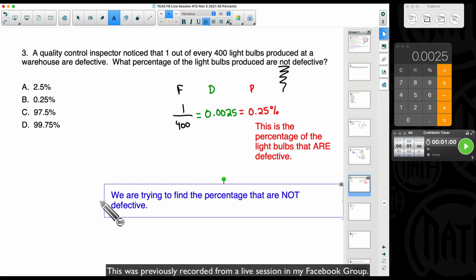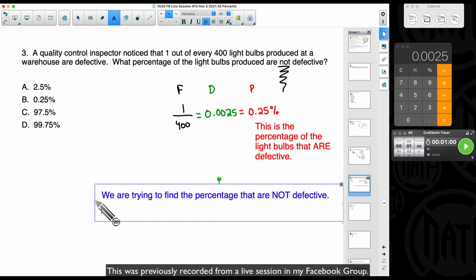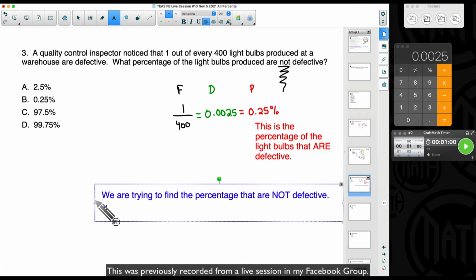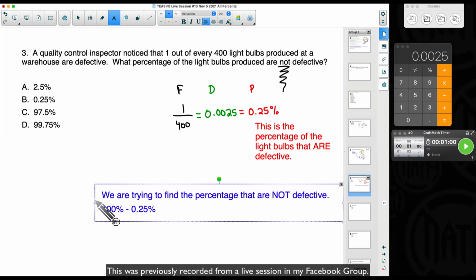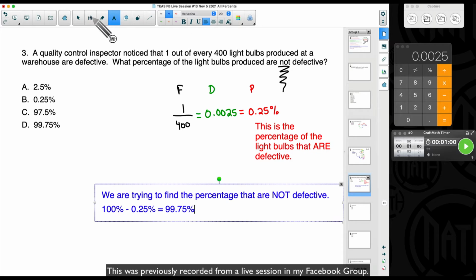So that tricky word there. Now you might say, okay, how can we do that? Well, if we know 0.25% are defective, take 100% and subtract that 0.25%. And this will give you 99.75%. That's the percentage that is not defective.